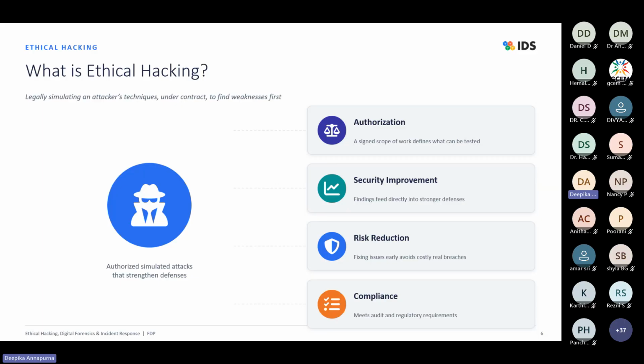Suppose a university plans to launch a new online examination portal, let's say. Before students begin to use that portal, the university will hire an ethical hacker to test the application. The ethical hacker will discover that students could potentially view another student's marks.